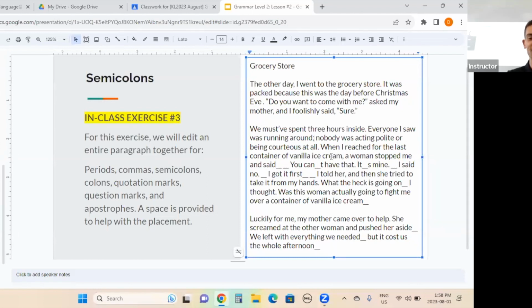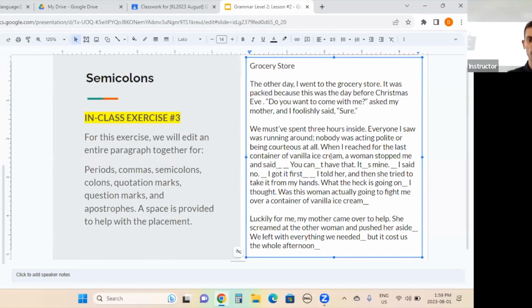Yes. Everyone I saw was running around; nobody was acting polite or being courteous at all. Now, you guys are all right. You could put a period and a capital, like Nicole, you were saying. You could add another word if you want, Hayden. And nobody was acting polite. So they all work. As long as grammatically they're correct, then we're fine.